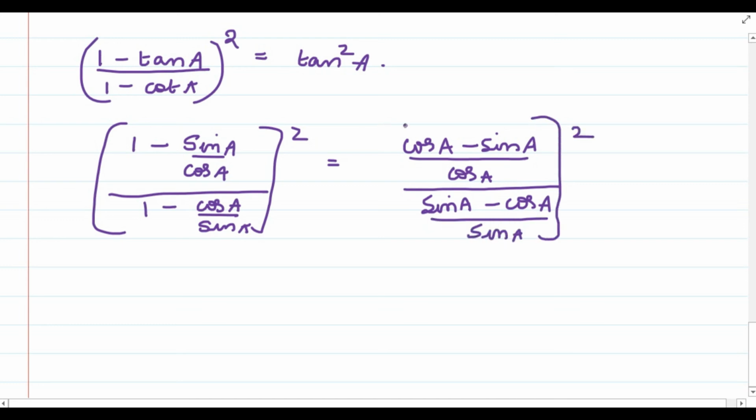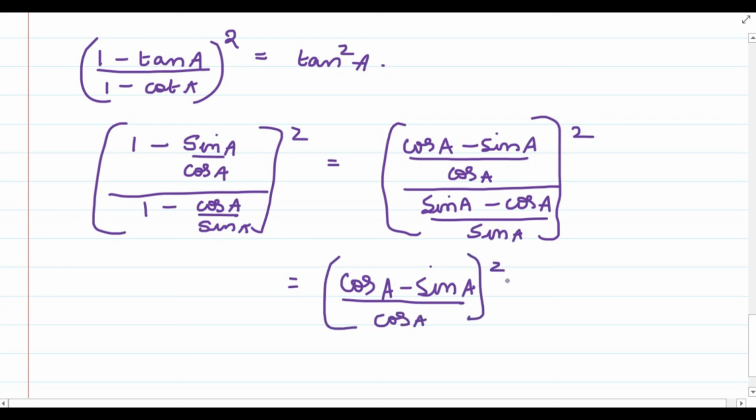So this I can write cos A minus sin A divided by cos A the whole square divided by sin A minus cos A by sin A the whole square.